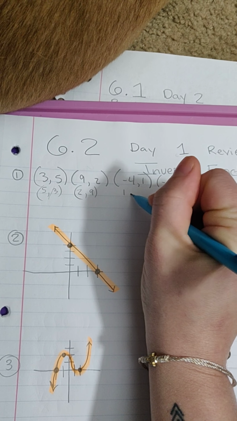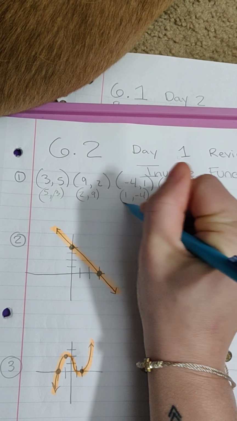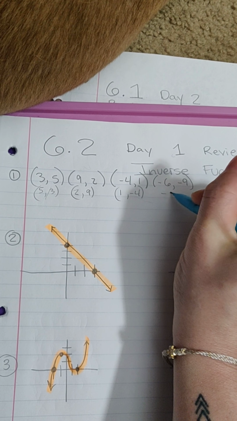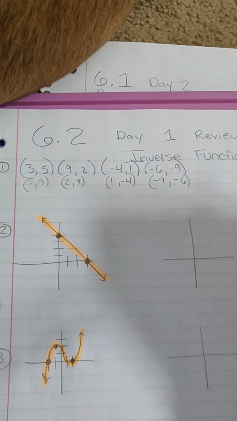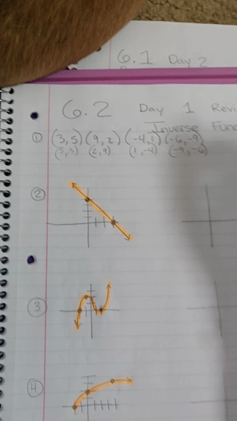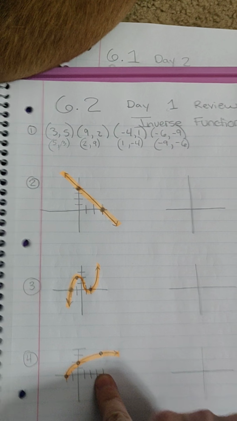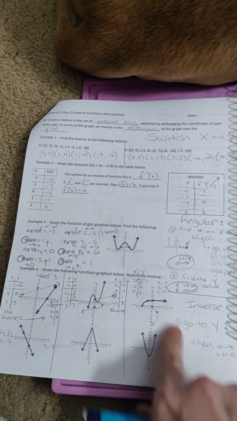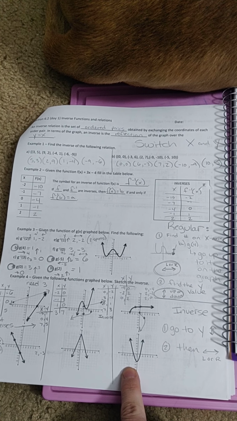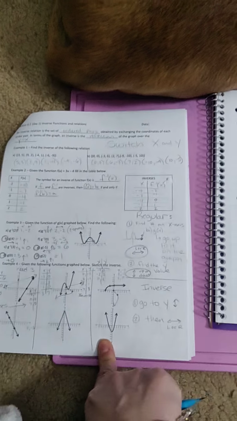We've got 1, -4, and -9, -6. That's not too bad. Now, when we have graphs and have to find the inverse of our graphs, it looks like a whole ton of work. It's really not that bad.